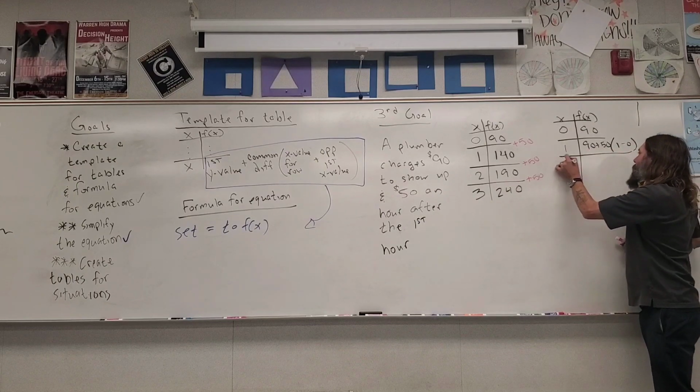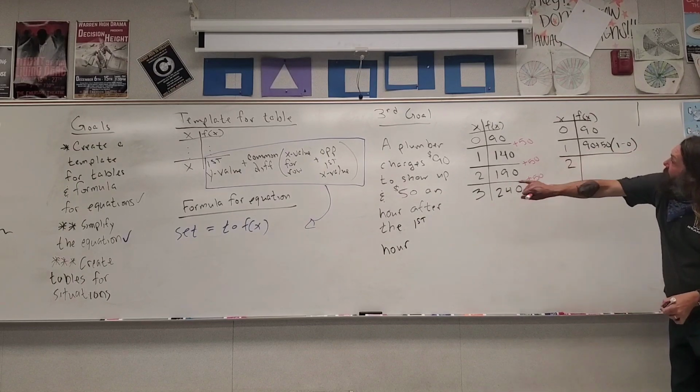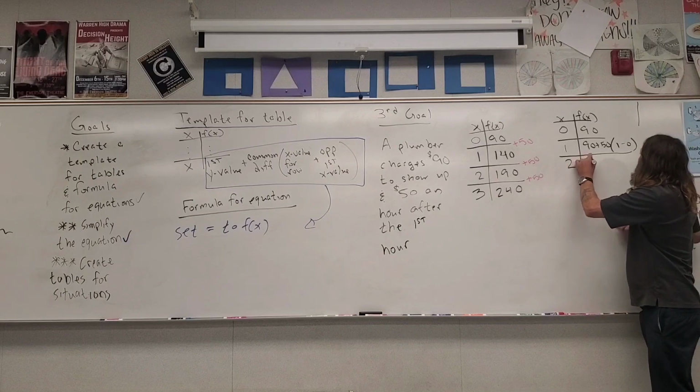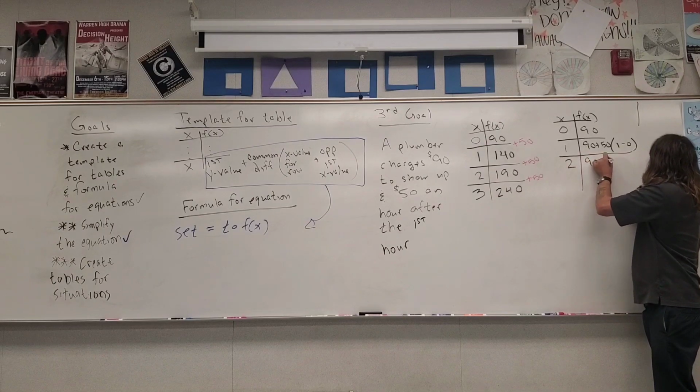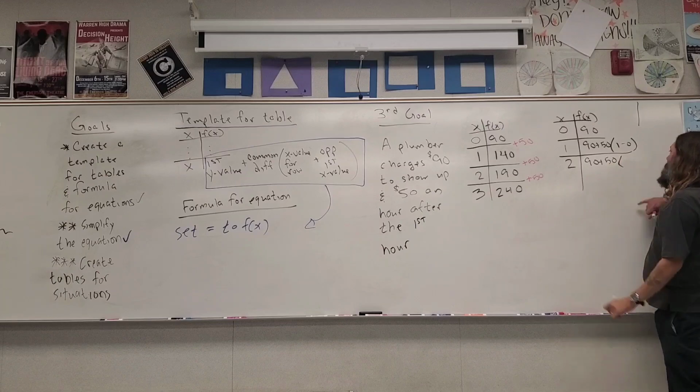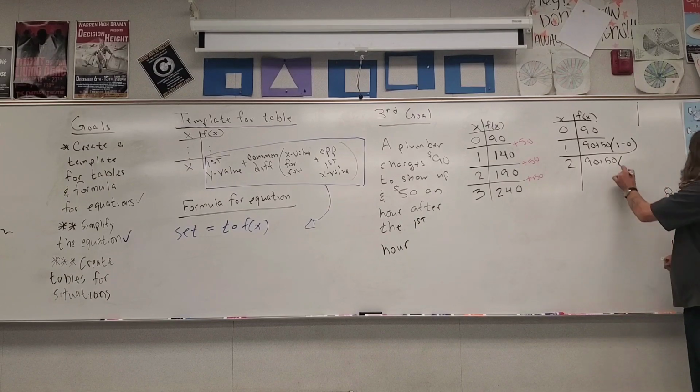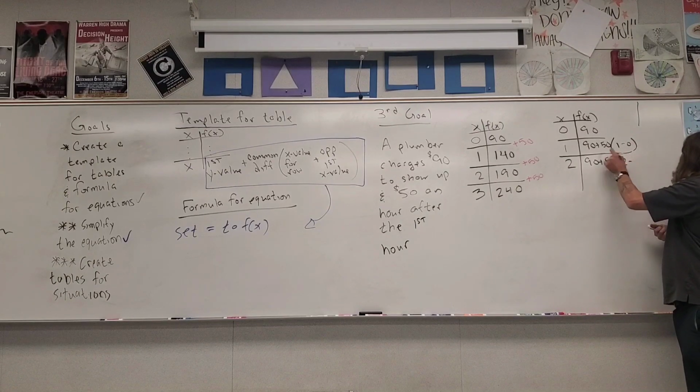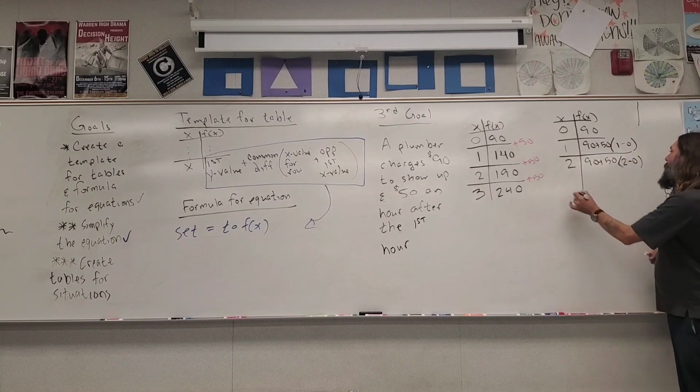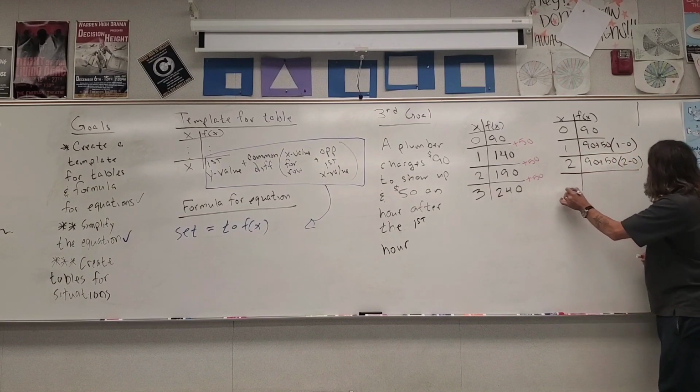My third row is going to be my first y value plus my common difference, the x value for the row, which is 2, minus the first x value, the opposite of the first x, right? And we'll do one more just so you can see that.